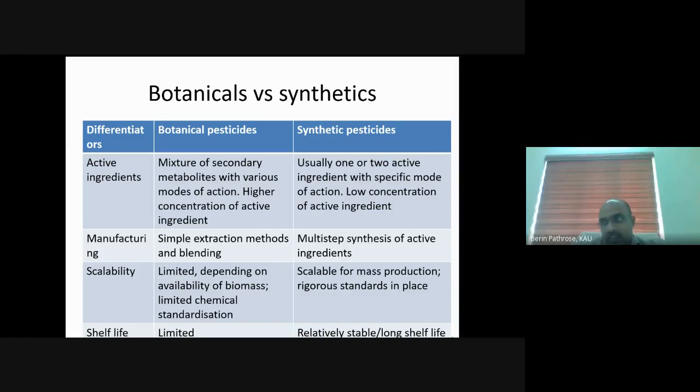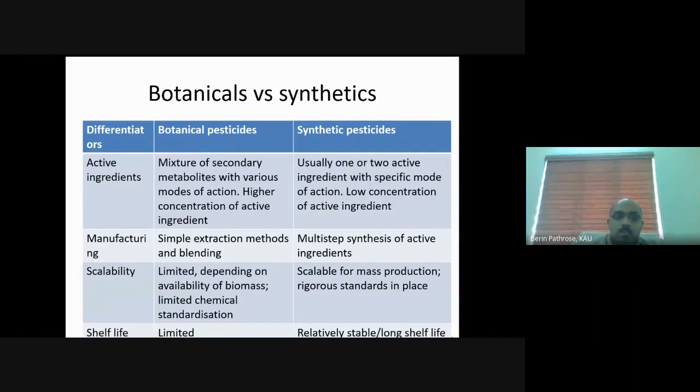Take neem. Why did it become so extremely popular as a botanical in our country? Because neem trees are available in plenty in most parts of our country, except in Kerala, which has very high rainfall, so neem doesn't come up nicely in our state. But in other states, Tamil Nadu, Karnataka, Andhra, the roadsides will have innumerable neem trees.